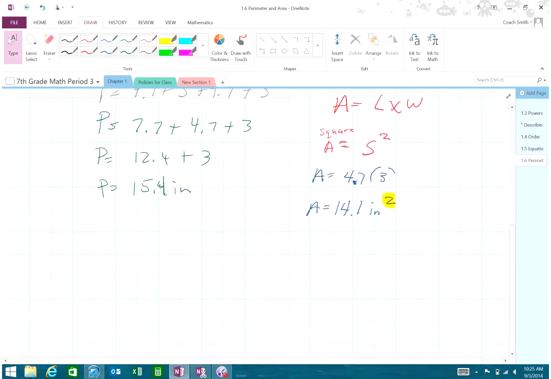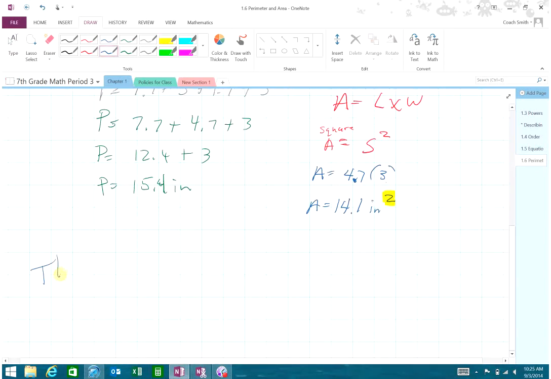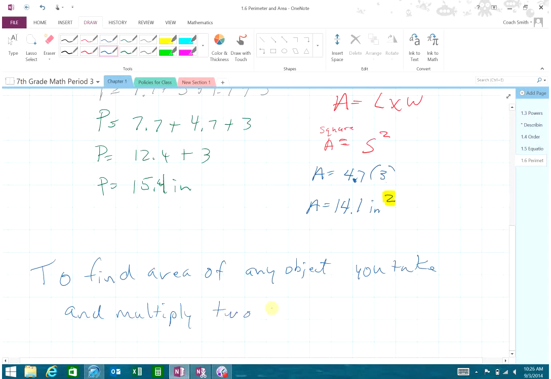To find the area of any object, you have to take and multiply 2 of its dimensions. Okay? Any object. For example, a triangle.